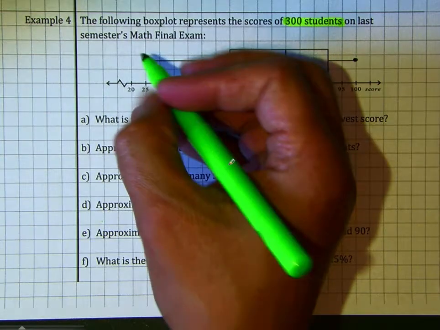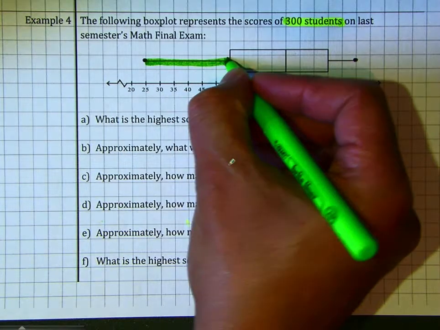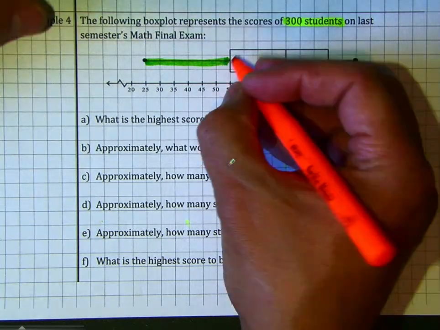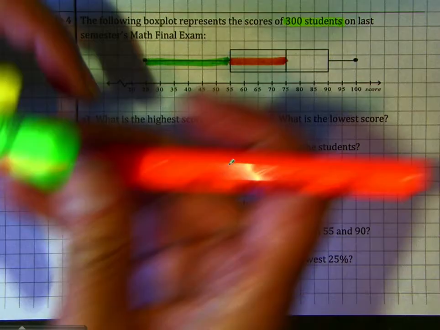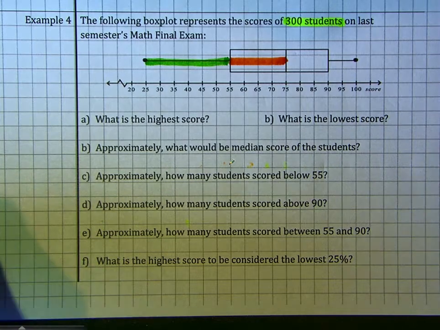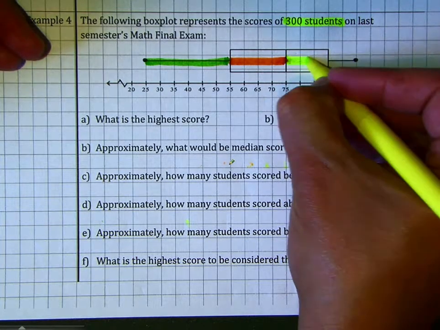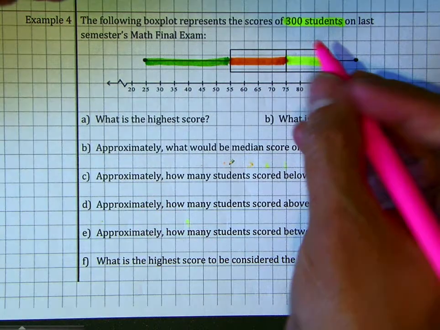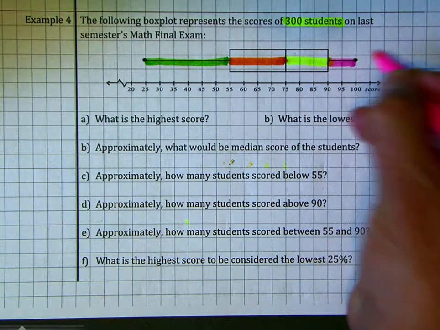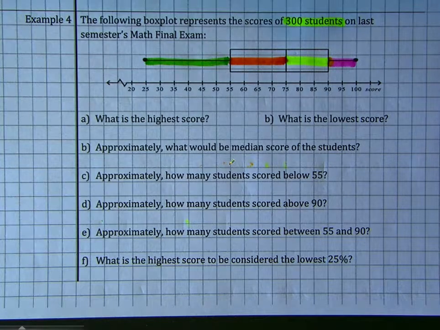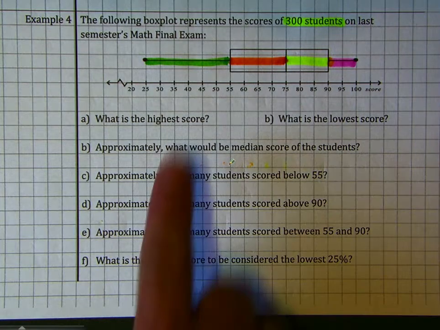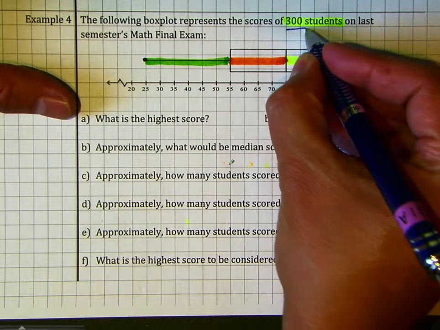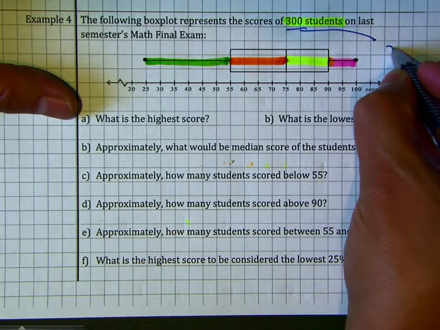Here's the first section, and each section has the same amount of students. And then we have the last one. So how many students are in each section? Correct. You're going to take 300 and divide by 4.